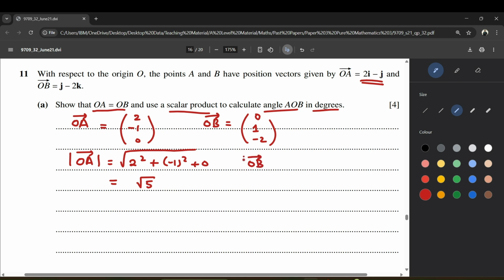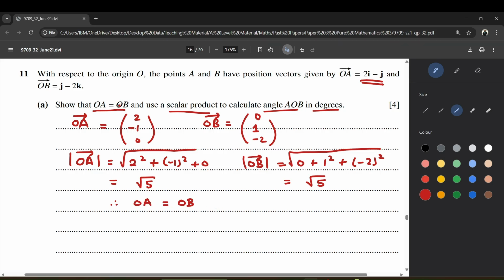Then the magnitude of vector OB is the square root of 0 plus 1 squared plus (-2) squared. And again, we can see we get 1 over here and we get 4 over here. So that will be 1 plus 4, root 5. Okay. So we can say therefore OA equals OB.